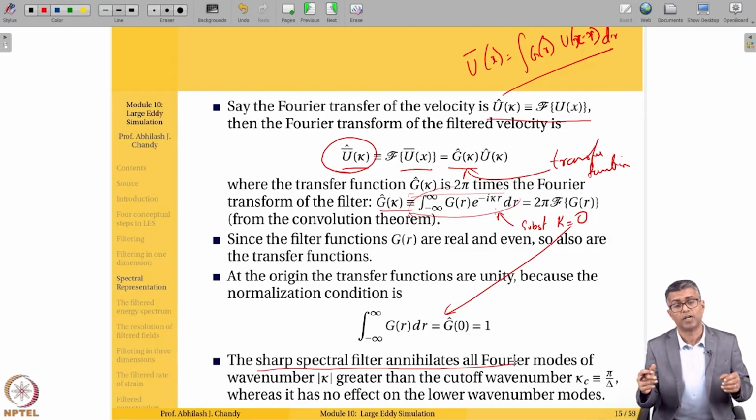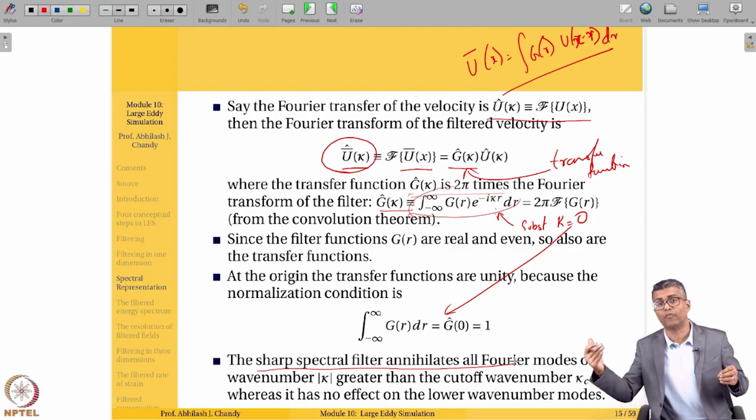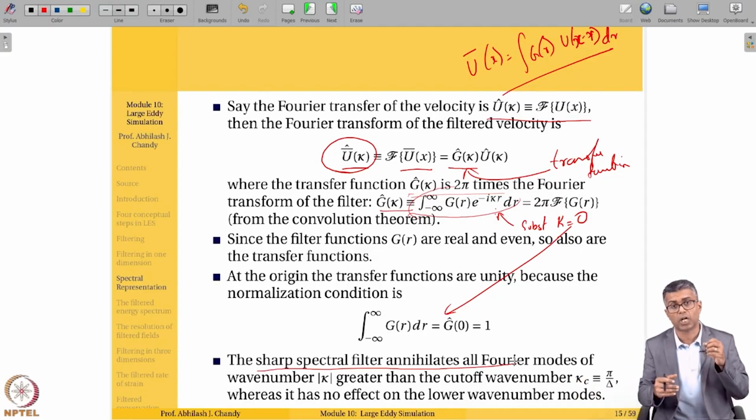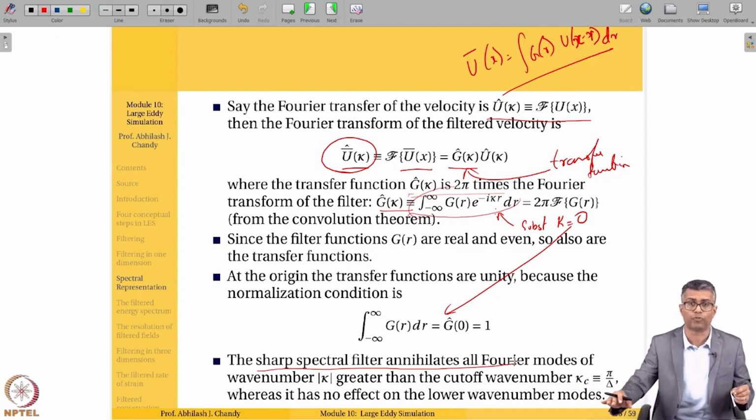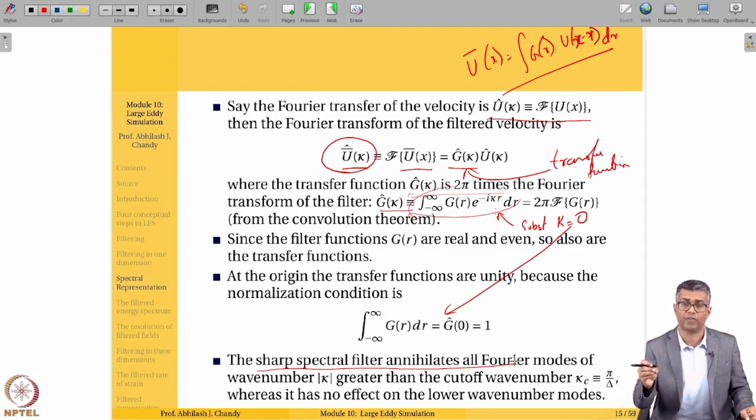In analogy to wave numbers, the sharp spectral filter will remove all components that are greater than your cutoff wave number kappa c, which corresponds to the filter width delta. So kappa c is pi over delta, right?